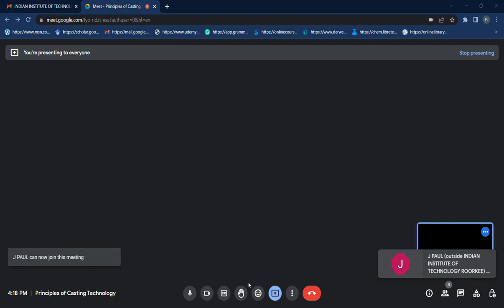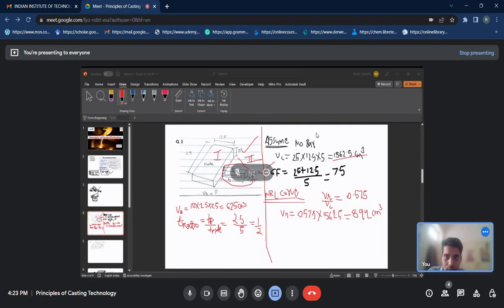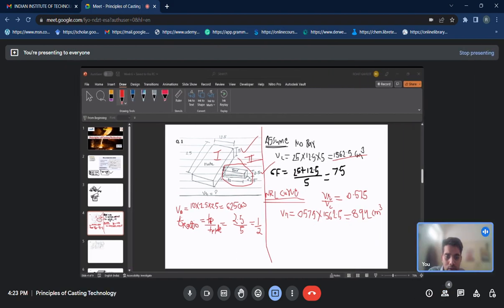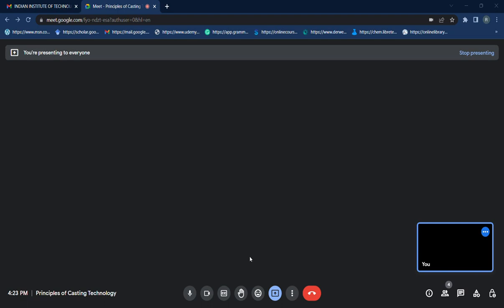After finding the ratio of the thickness, we will go again to the NRL curve. From here you can see there are bar feeding plate, plate feeding bar, and bar feeding bar curves.